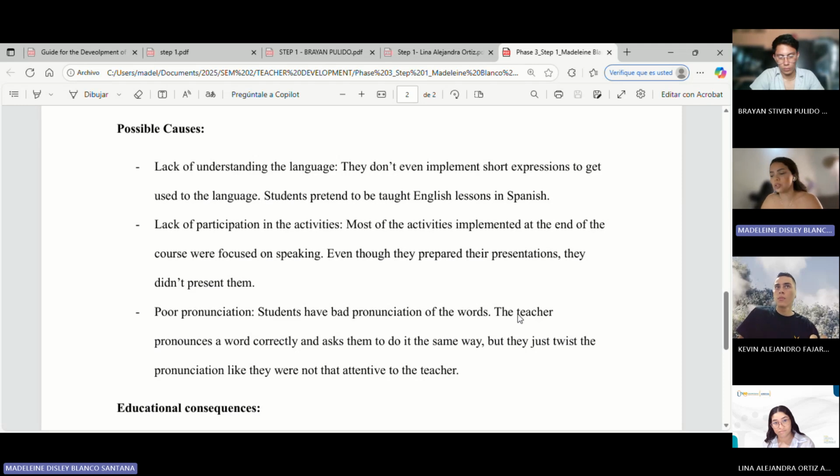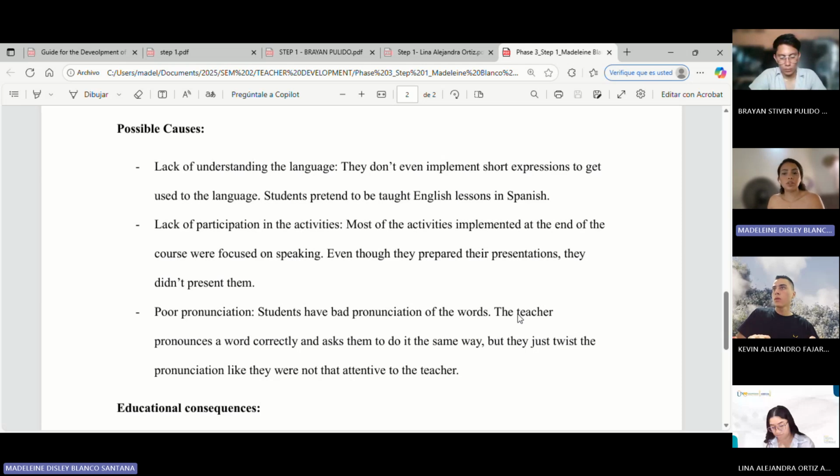This is really crucial because only like three or five students understood what I said. In general, they just interpreted what I meant rather than understanding everything, and that is the first issue that can lead to the principal one.